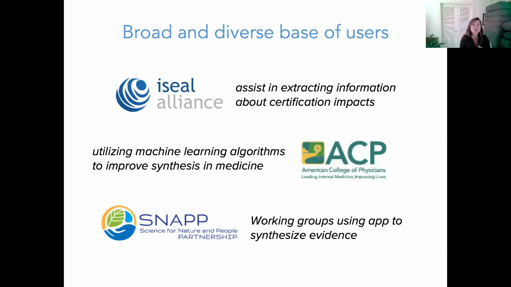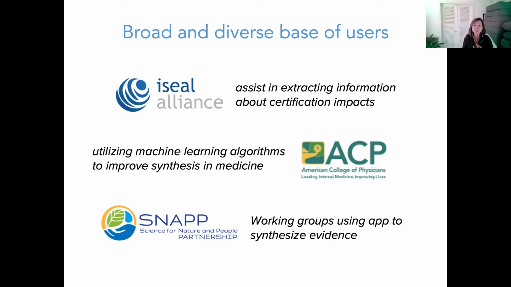And so Colandr's users are quite a diverse crowd. These are just a couple of examples of groups who are using it for different purposes. A group called the iSeal Alliance is using it to extract information about the impacts of certification of different natural resource products. On the other side of that, the American College of Physicians has been interested in using the algorithms that drive Colandr to help improve synthesis in medicine, to learn from the codes and the algorithms that we used.